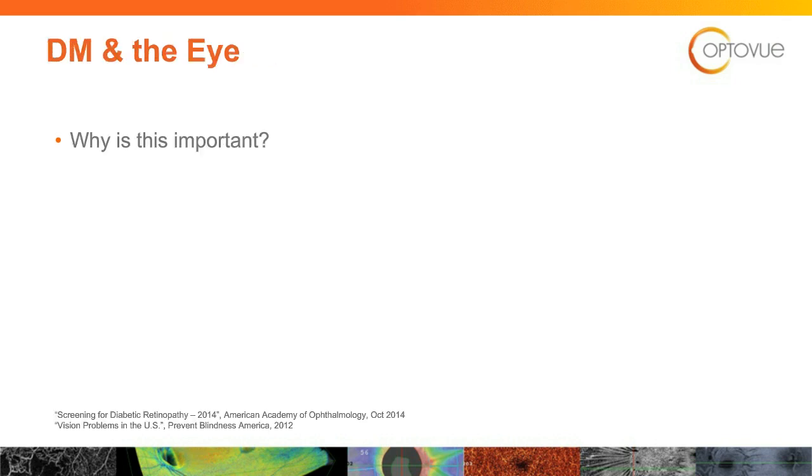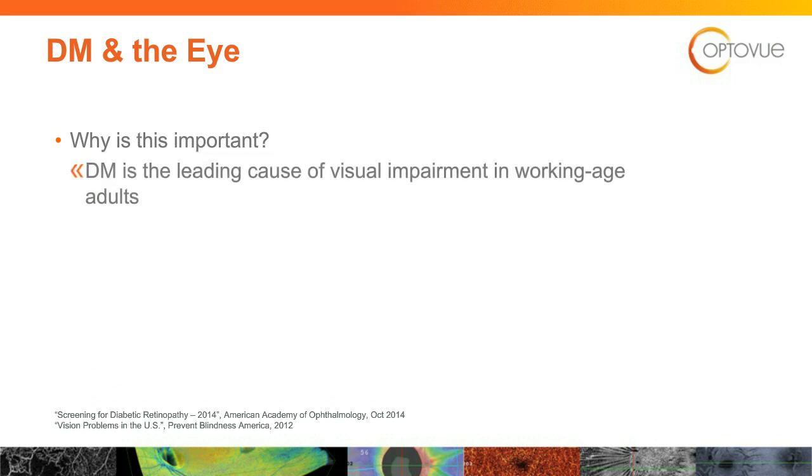Why is this important? What's happening to diabetes and the rates of diabetes? We all know that it's increasing. You know, there is 25 to 30 million, and I just read a study that said even beyond 30 million Americans now have diabetes. And it's the leading cause of visual impairment in working age adults.